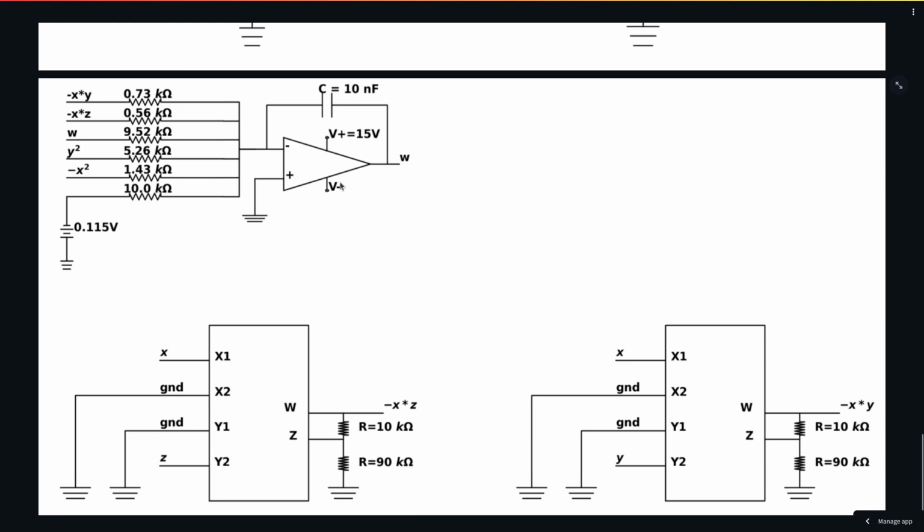This is the integrator that actually generates signal w, and we see that we have minus x times y and minus x times z.